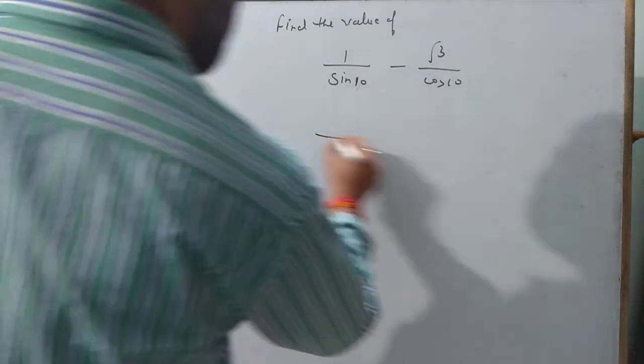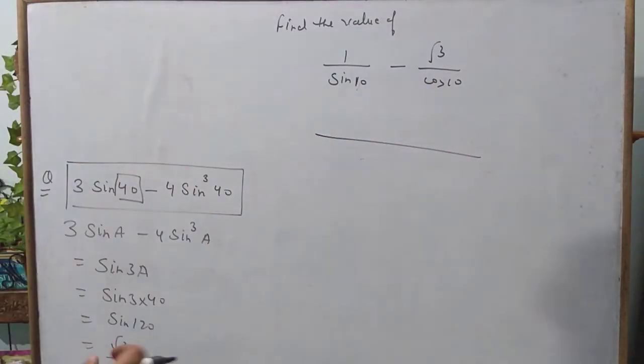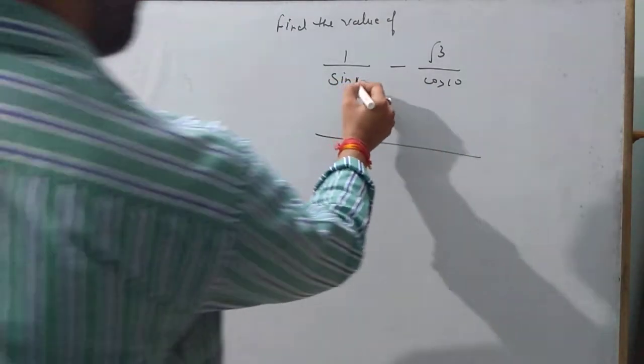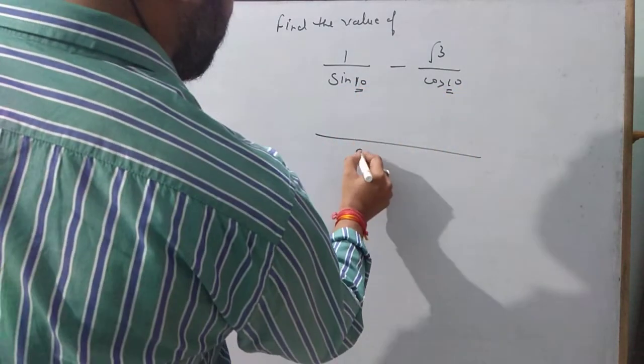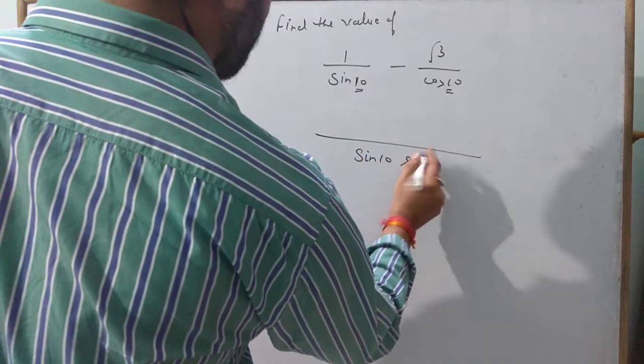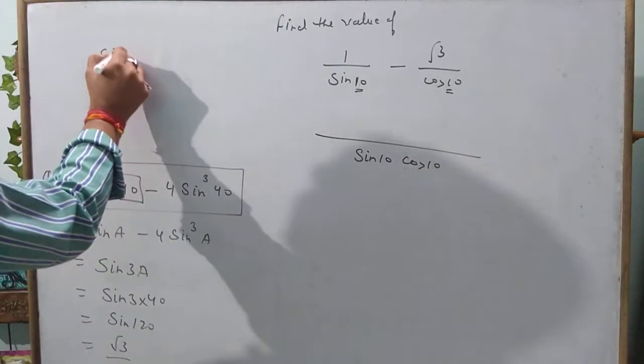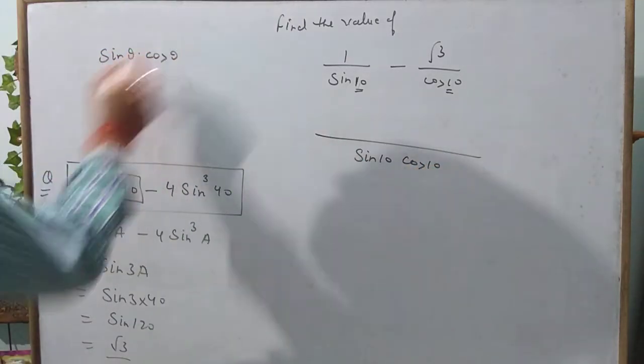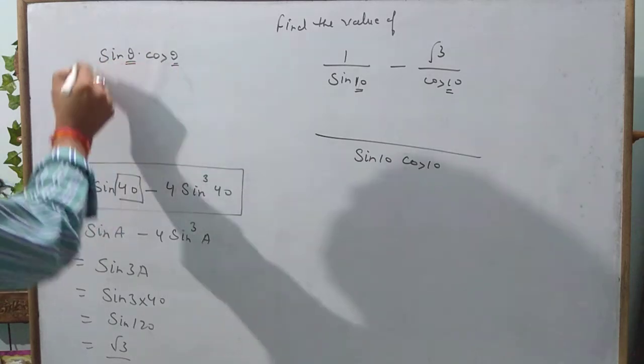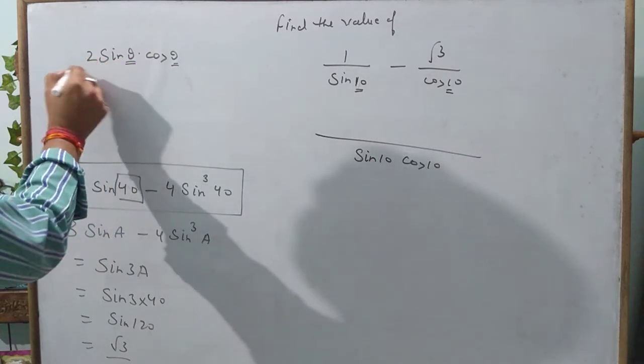First of all, whenever the denominator contains sine and cos with the same angle, we will take the LCM, and we will multiply by 2 and divide by 2.